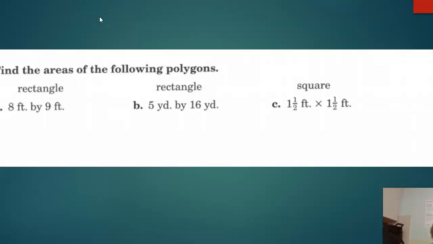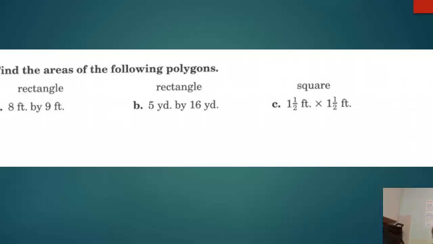All right, we're going to do all of section 3. This is the area. So we're doing length times width. Make sure you see the word by and do the correct digit first. But at the board for letter A, I would like, sorry, I was trying to get my pen to work. There we go.